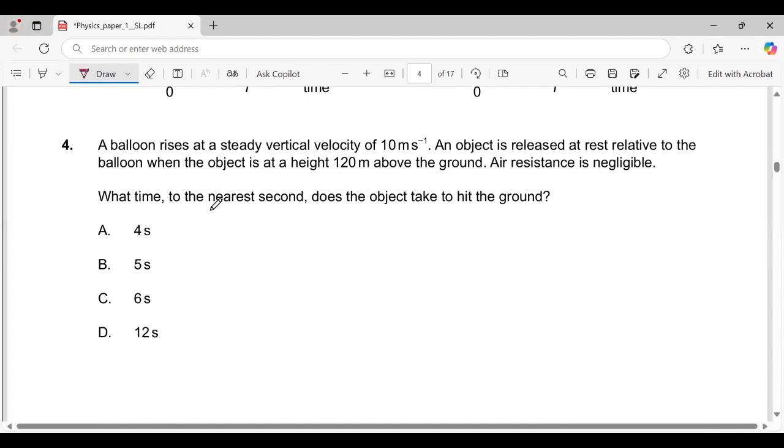We will use the kinematic equation to find the time it takes for the object to hit the ground.